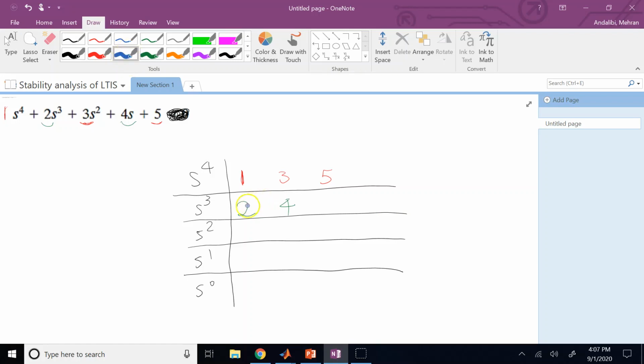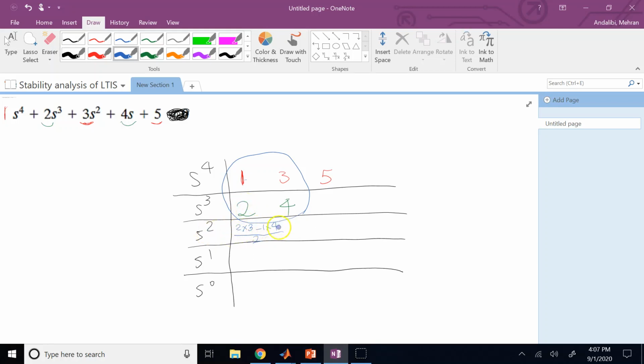So for this element here, I consider this matrix. I multiply the anti-diagonals, so it is going to be 2 times 3 minus the diagonals 1 times 4, and then divided by the element right above it, which is 2.